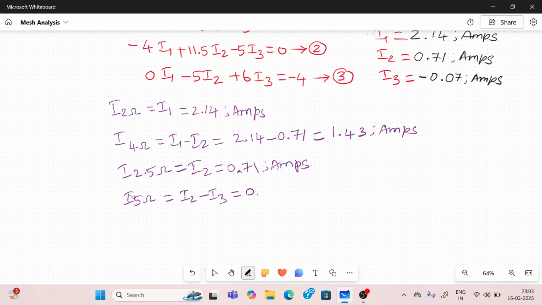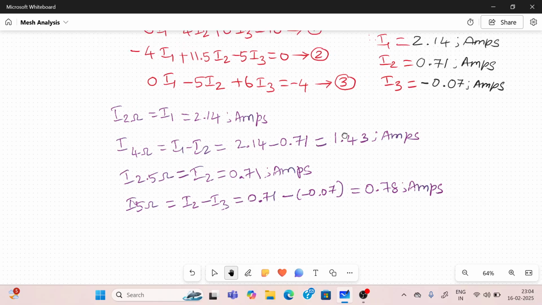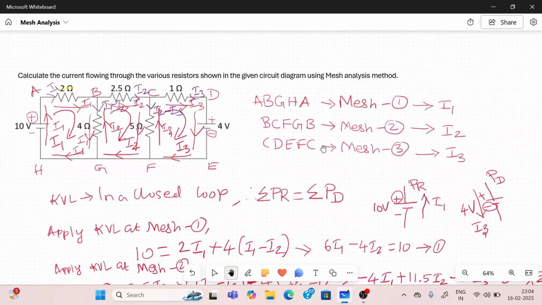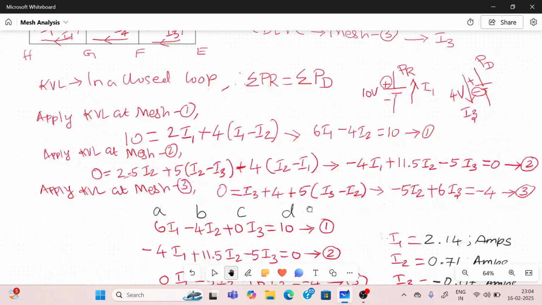I2 is 0.71 minus I3, which is minus 0.07, so 0.07 will be added there. So it is 0.78 amps.